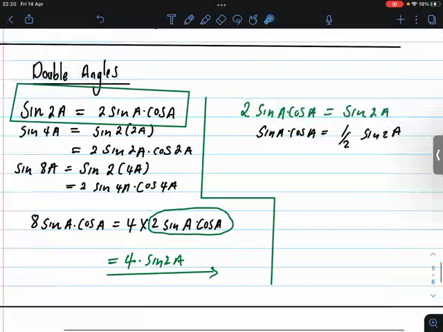Or how you want to always do it, if you are moving from sine A cos A, you always want to divide this number by 2 and then change this to sine 2A. Let's look at this. 8 sine A cos A, divide 8 by 2, it becomes 4. But you know sine A cos A is sine 2A, right? Are you happy there, guys? Okay. That is quite important for you to see.